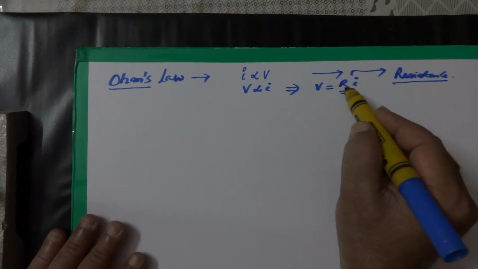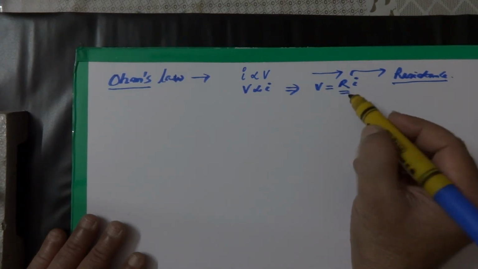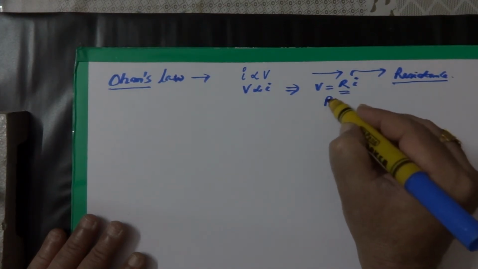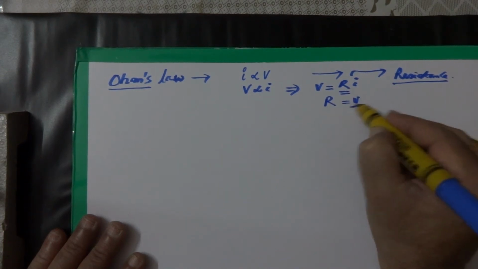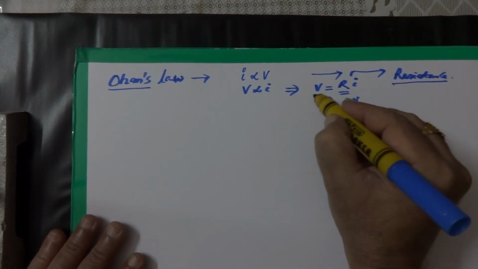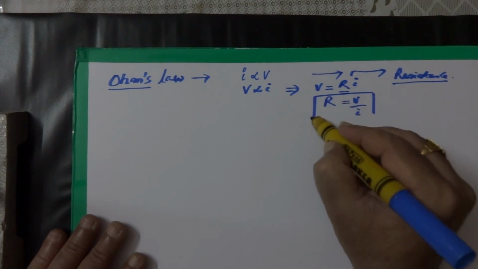So V is equal to IR or RI, or R is equal to V by I, is the formula for Ohm's law.